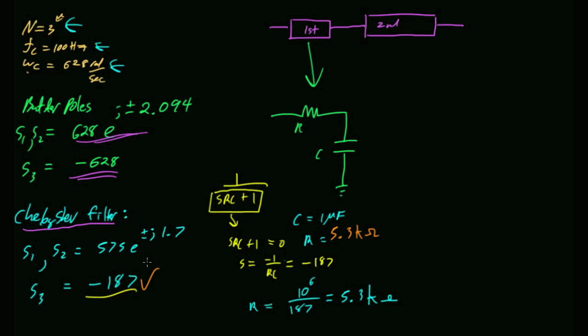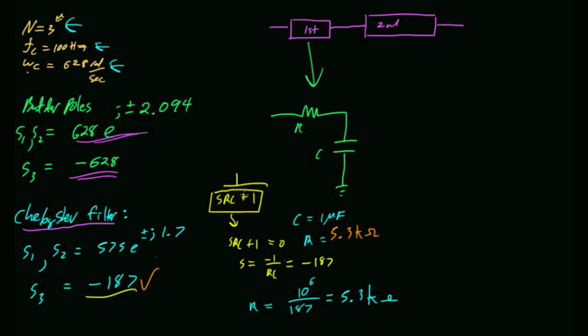RLC. Okay. Well, first of all, let's just start with the disqualifying question. Can I use this circuit to get me these poles? No. Why? There's an important reason. This circuit can only generate real numbers.